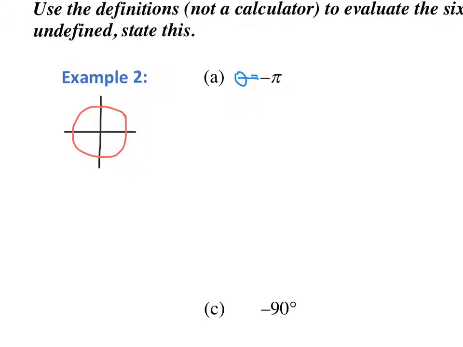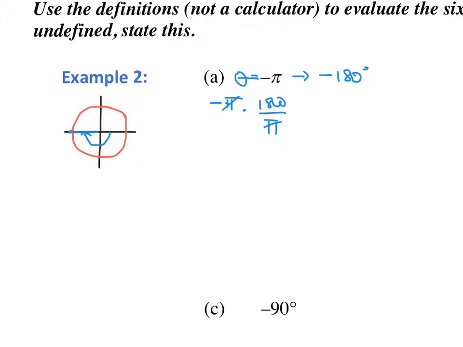What's negative pi in terms of degrees? 180 degrees, so this is the same thing as negative 180 degrees. Remember that you could take negative pi and multiply by 180 over pi. The pi's cancel, and you get negative 180. So that means negative 180 is going to end right there.